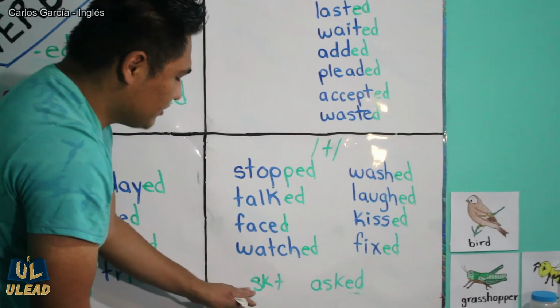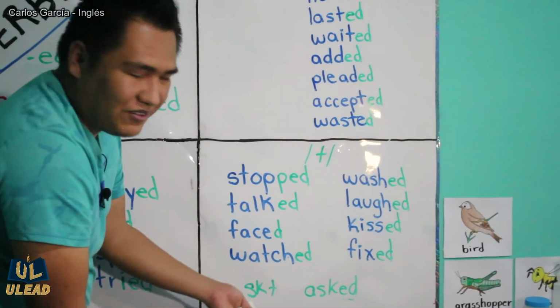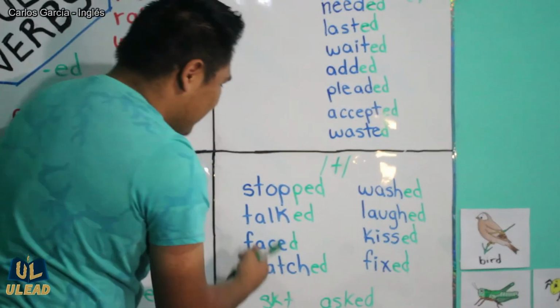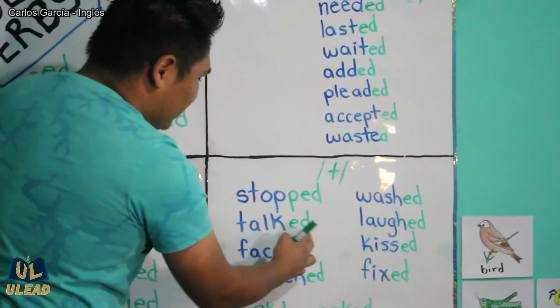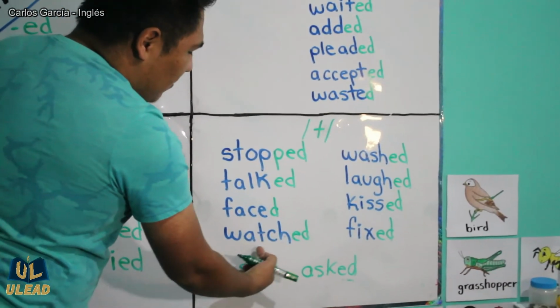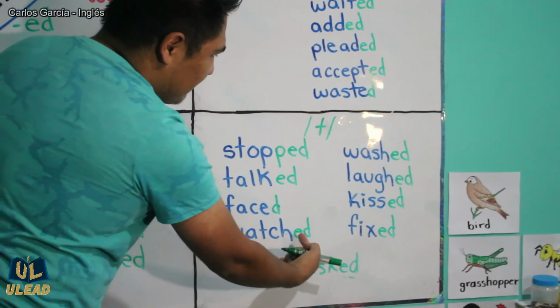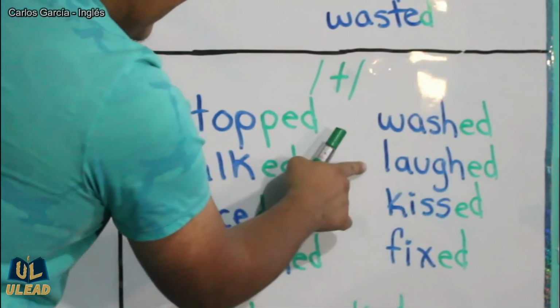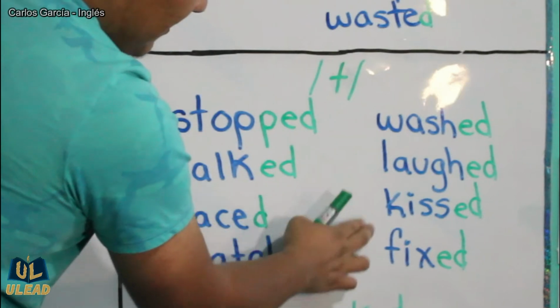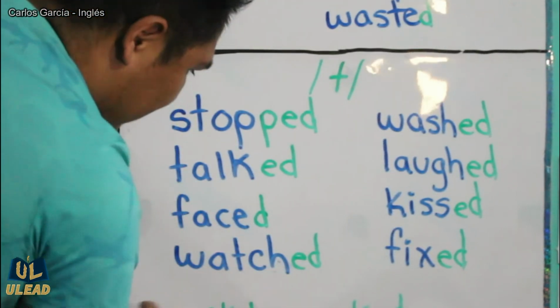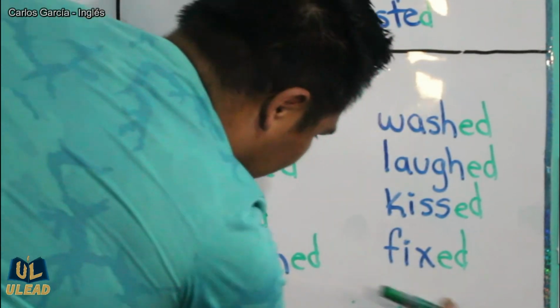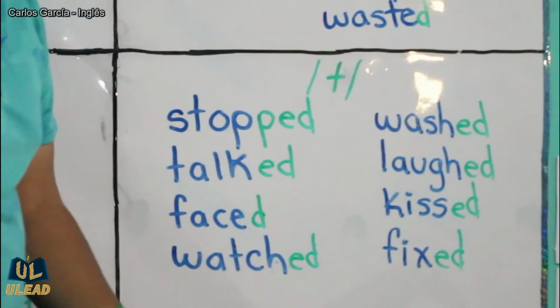Okay, it's difficult, right? So asked, stopped, talked, faced, watched. Here there's a cluster of consonants. Watched, washed, laughed, kissed, fixed. Okay, they all end with the t sound.